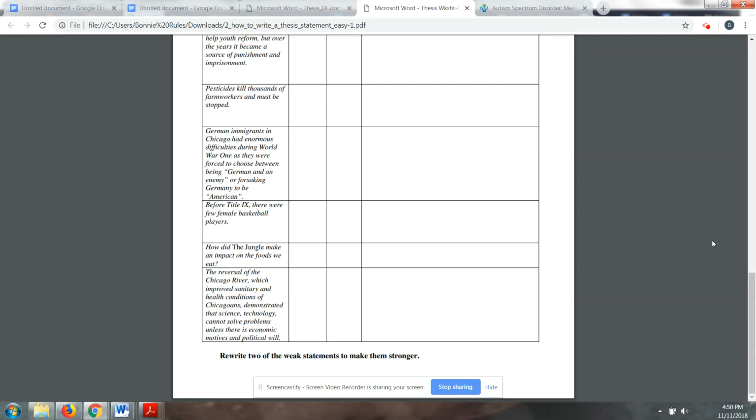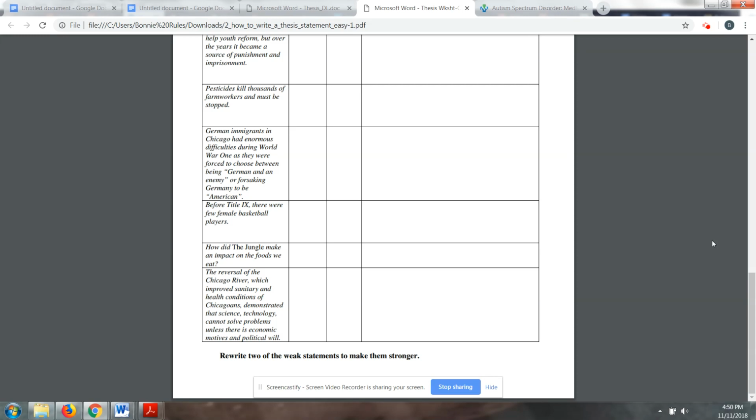So, for example, in my high school, we actually had to add a soccer team because we were not meeting Title IX standards. This one, obviously, they would need to explain Title IX in their intro in some form, but there's no real argument yet. So they're saying there were few. Is that a bad thing? Is that a good thing? What about Title IX changed that? This needs more information.